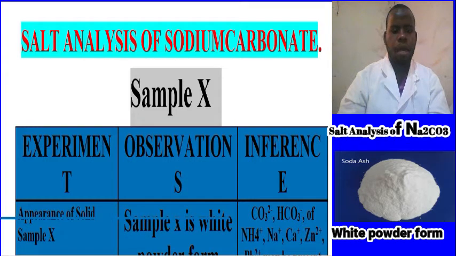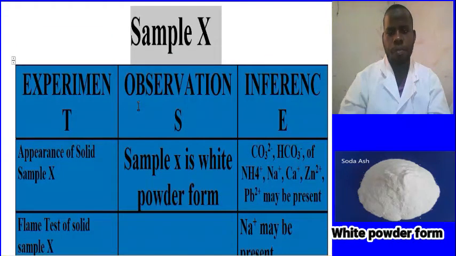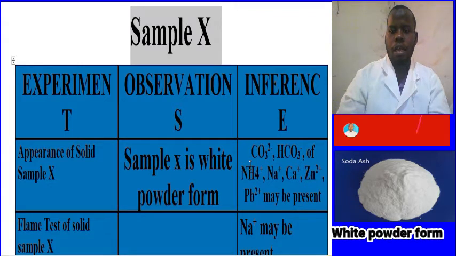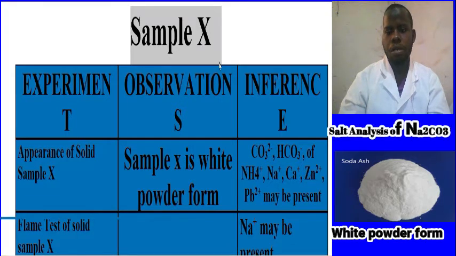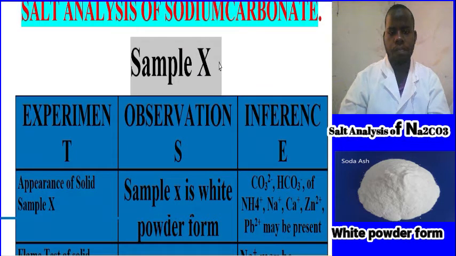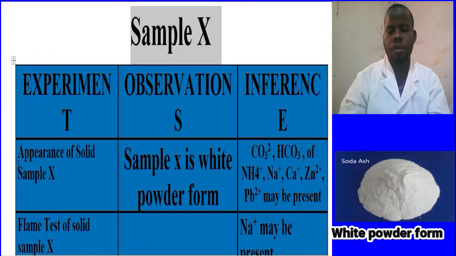Experiment: we start with the appearance of solid sample X. Our sample X is in powder form. That is the appearance, in the observation. And the inference you are supposed to write: in case of powder we have carbonate and hydrogen carbonate, and our appearance is white, so there is ammonium, sodium, calcium, zinc, and lead.